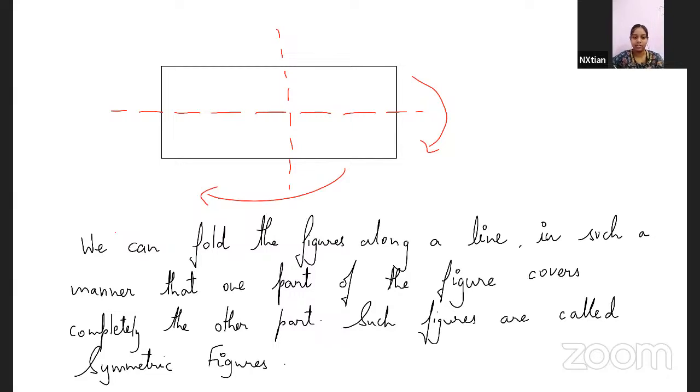Square has four lines of symmetry, while rectangle has only two, because if we fold the rectangle from side to side, it will not fit perfectly because the length and breadth of a rectangle have different sizes, different measures. They are not similar in measure.